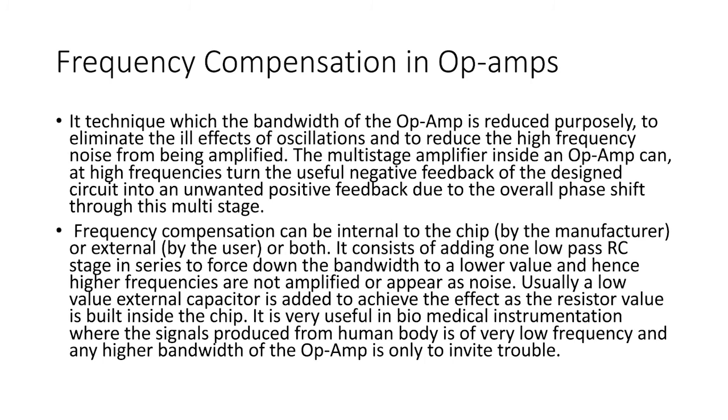Usually, a low-value external capacitor is added to achieve the effect, as the resistor value is built inside the chip. It is very useful in medical instrumentation, where the signal produced from the human body is of very low frequency and a high bandwidth of the op-amp only invites trouble.